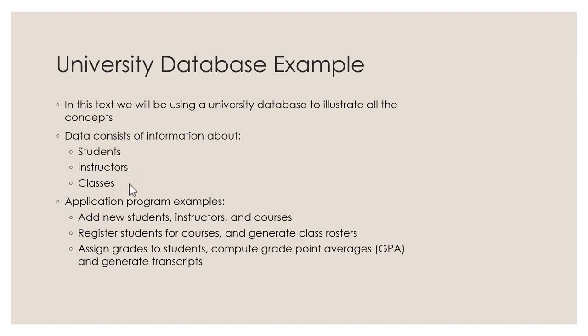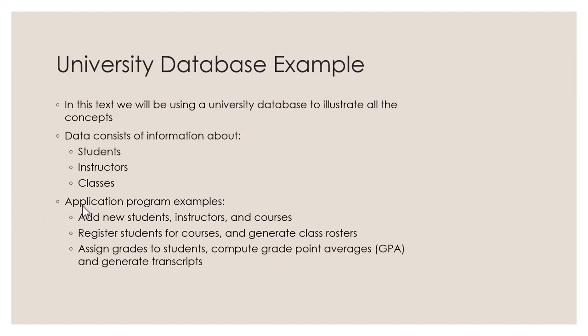Students, instructors, and classes. Under students you have their student name, their ID, date of birth. Same thing with instructors. Classes would have the class code, start time, end time, maybe the location of the classes, which building, the name of the courses.